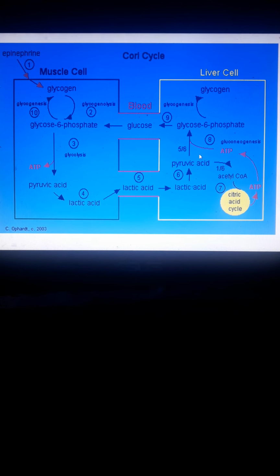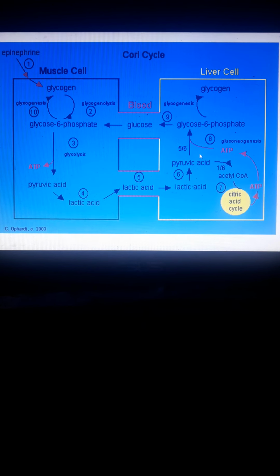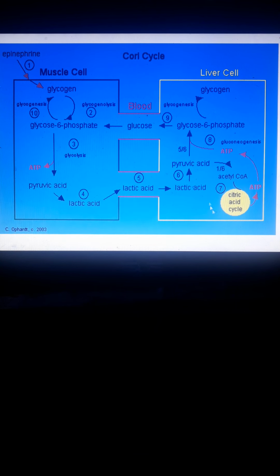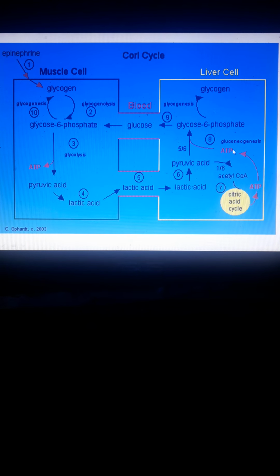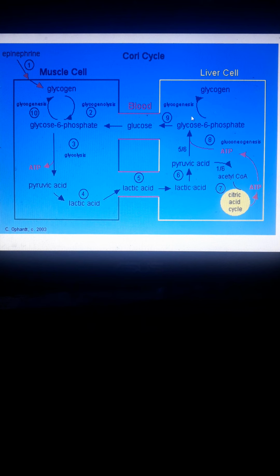So take note, in every process, in glycolysis, there is production of energy. And then in the citric acid cycle, there is production of another ATP. And of course, ATP is needed for gluconeogenesis, wherein glucose is converted to glucose 6-phosphate, then glucose 6-phosphate back to glycogen. So this is known as the glycogenesis process.